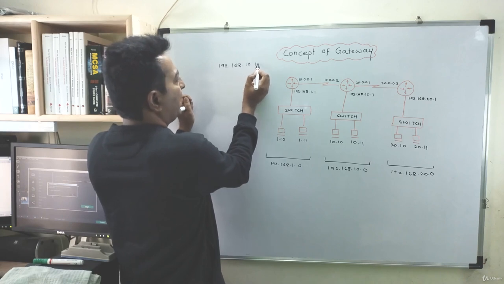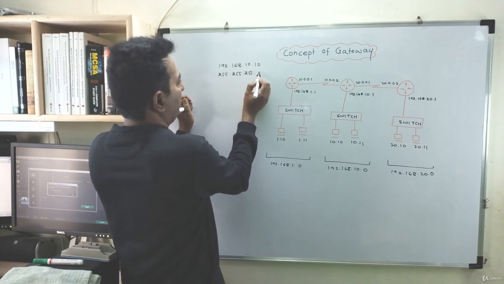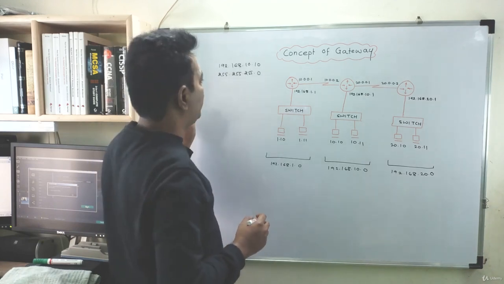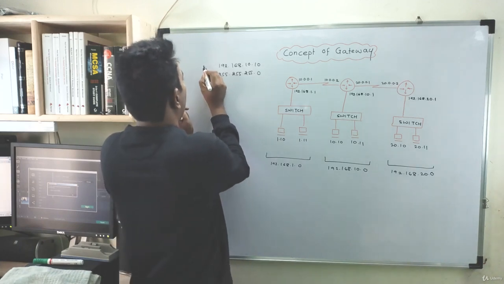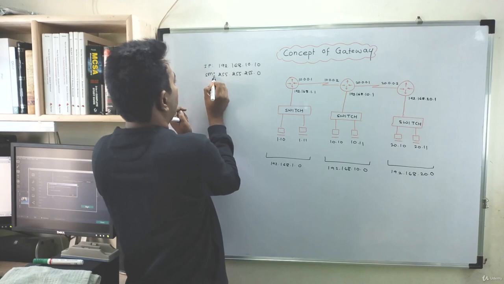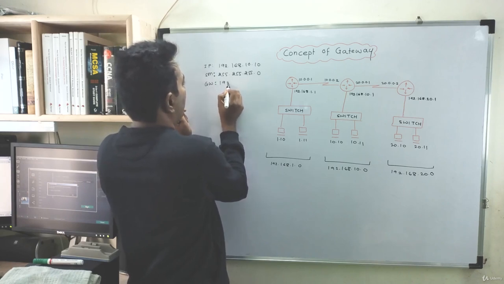Consider this a sample IP. The subnet mask assigned to the computer is something like this, a class C network, so the subnet mask is 255.255.255.0. So this is the IP, this is the subnet mask, and the third field that we define is the gateway.